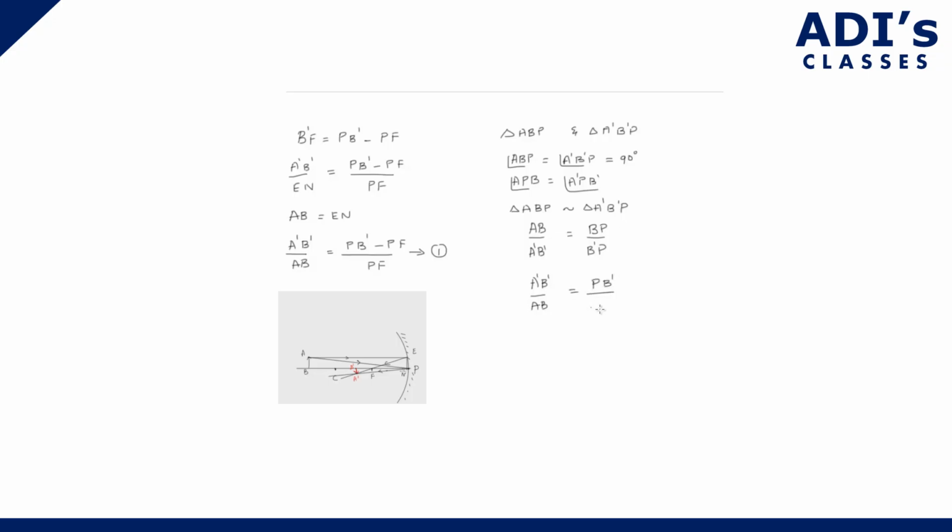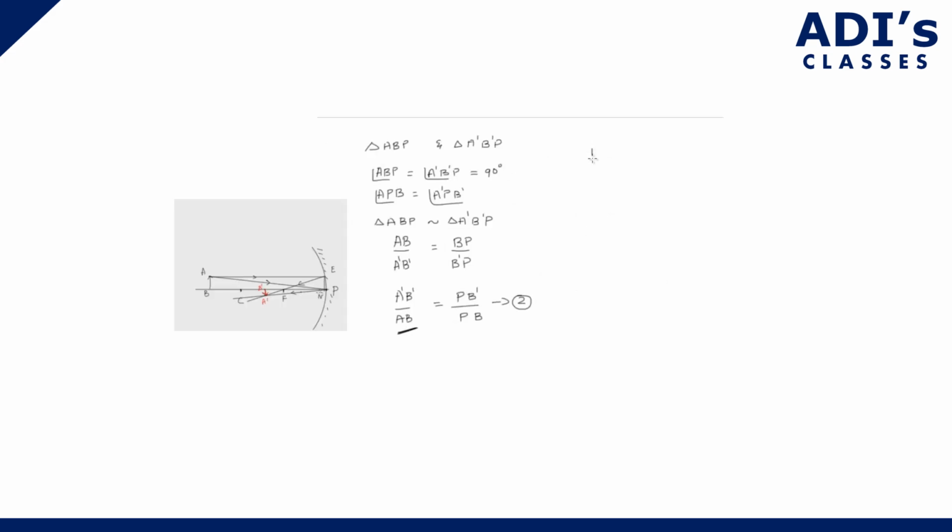Now look at the LHS of equation number 1 and the LHS of equation number 2. Both are the same, so you can equate the RHS. So we get PB' minus PF divided by PF is equal to PB' divided by PB. Now we have to consider the sign, so the Cartesian sign conventions you have to take.